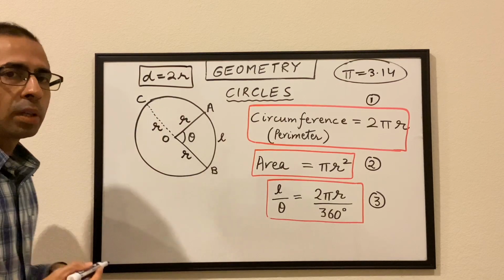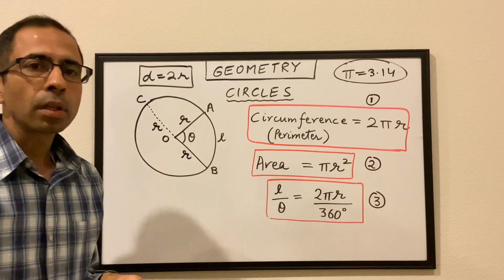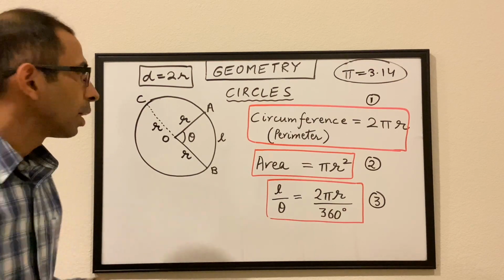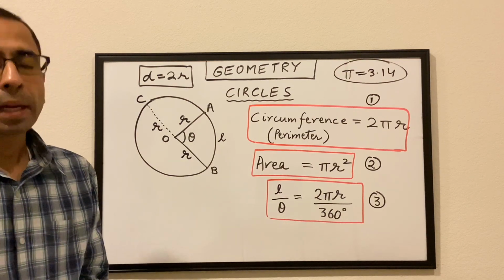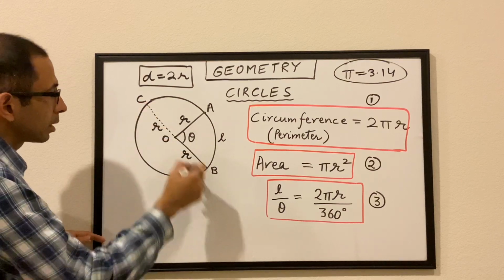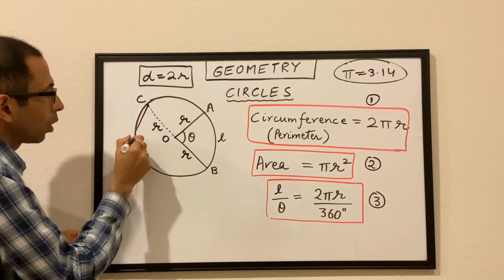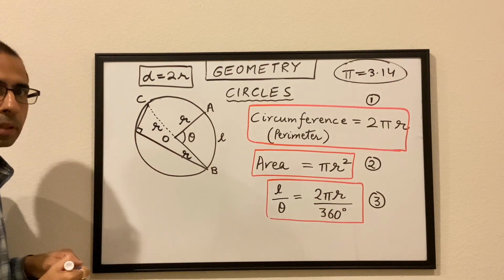Okay. Now one important thing here. Any diameter of a circle will cut the circle into two equal halves or two semicircles, right? And any triangle which we draw in a semicircle would be a right angle triangle or a 90-degree triangle. What I mean by that is that in this semicircle portion, if I draw any triangle, let's say this triangle, this angle would be 90 degrees.